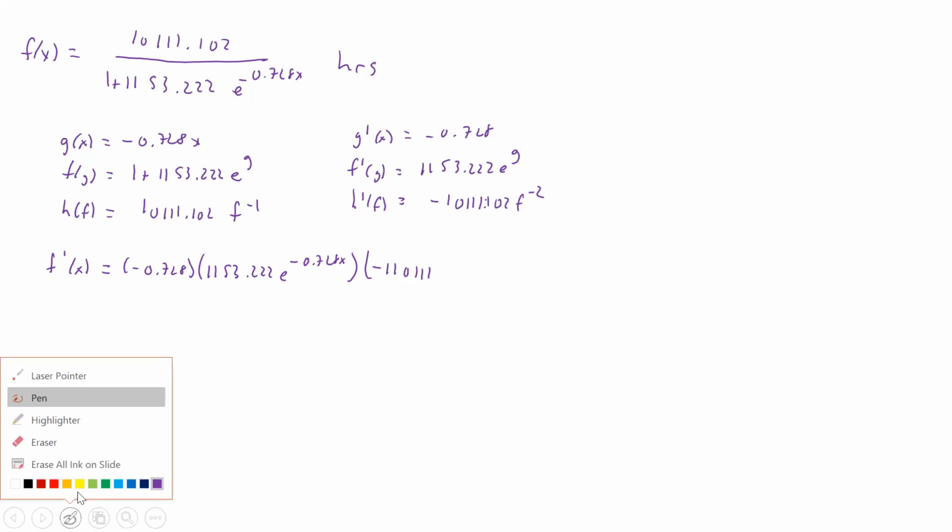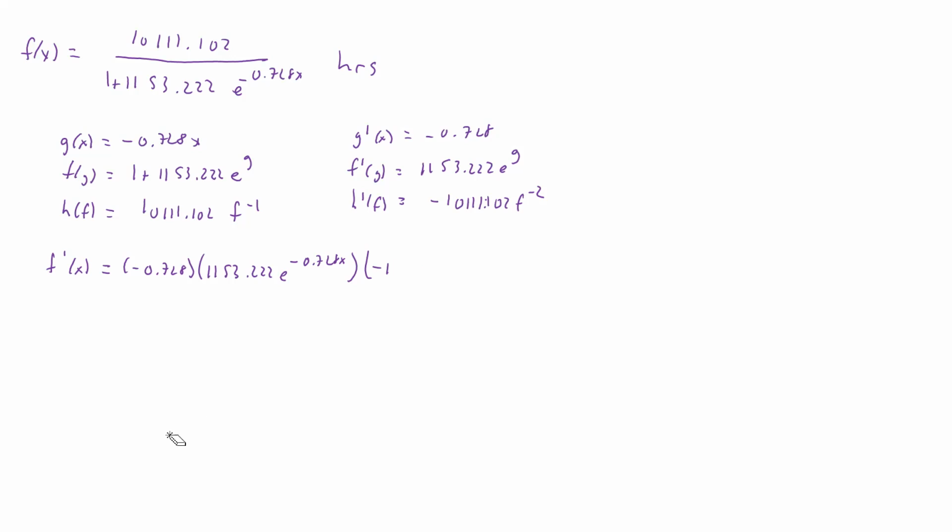I don't know what I did there. So let's start that number over. 10111.102 and then times 1 plus 1153.222 e to the negative 0.728x to the negative 2. Okay, now we can multiply that together, and we can simplify.